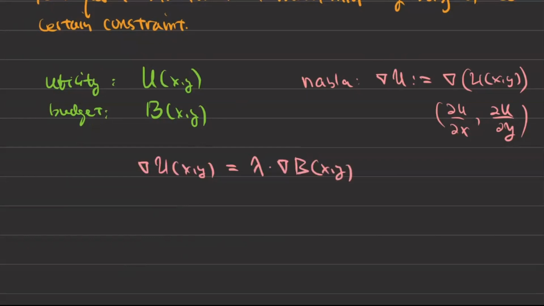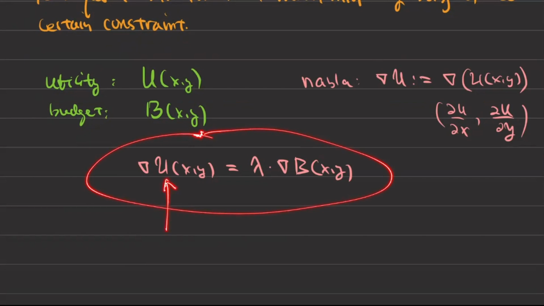Now, this is a general form. So if you have a high dimensional function and you have x, y, z, or whatever other variables you're using, this equation will also hold. But for the sake of this example, we're just going to use u and b in terms of the same dimension as the above example. So really what's happening here, to lay this equation out in its simplest form in plain English, is: let's look at the utility function.